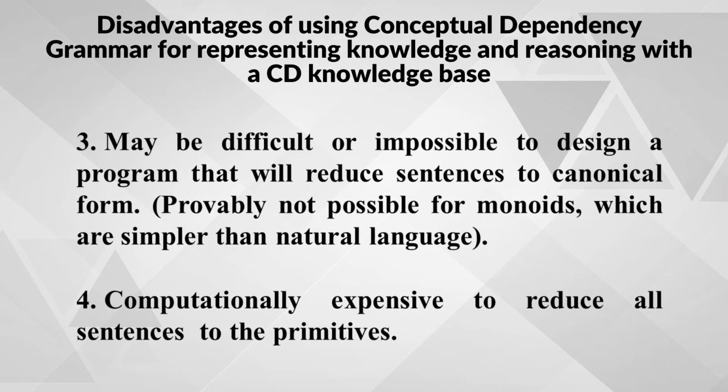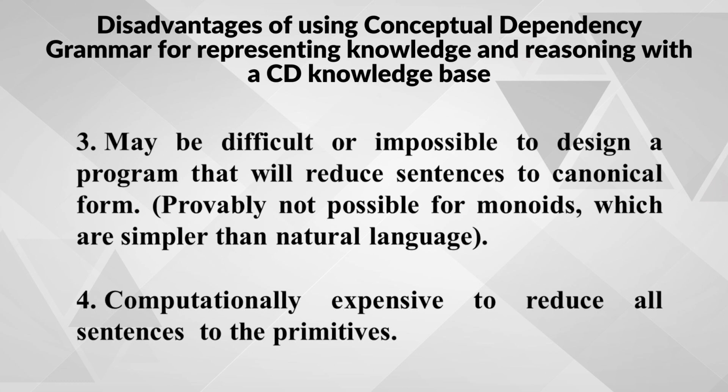Using conceptual dependency grammar for sentence reduction to canonical form presents certain challenges and disadvantages. Designing a program to accomplish this task could be intricate or even impossible. This is particularly evident with structures simpler than natural language, where achieving canonical form reduction is probably not feasible.